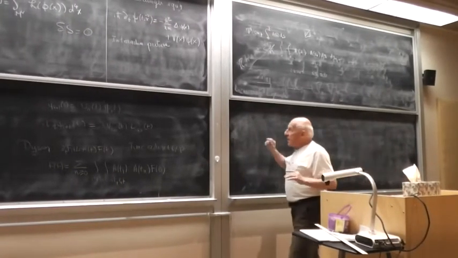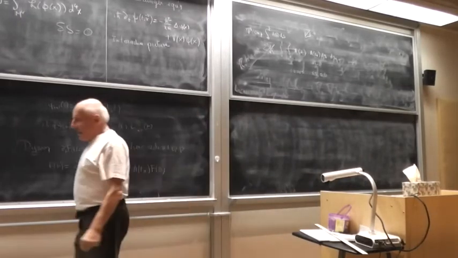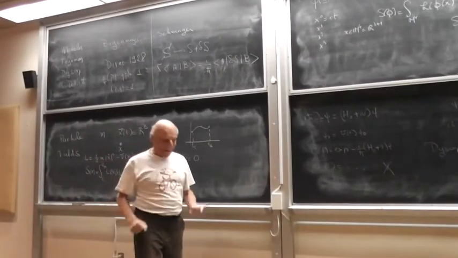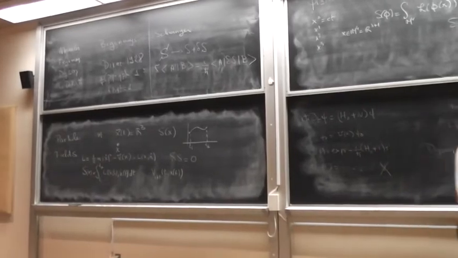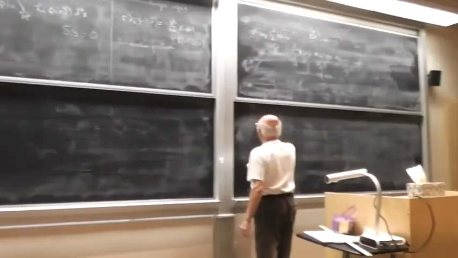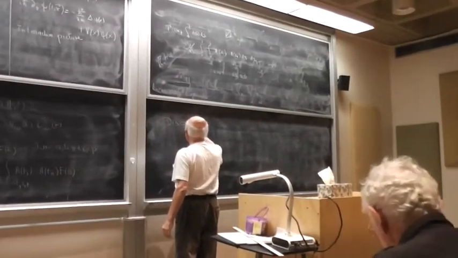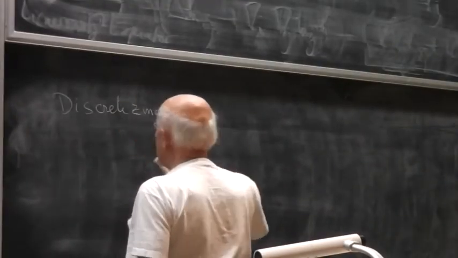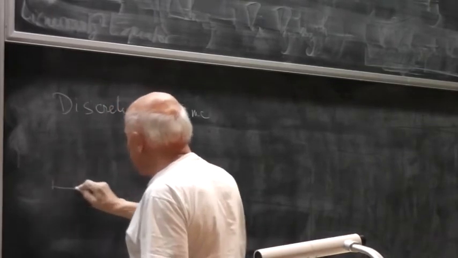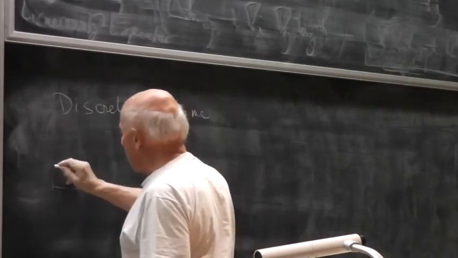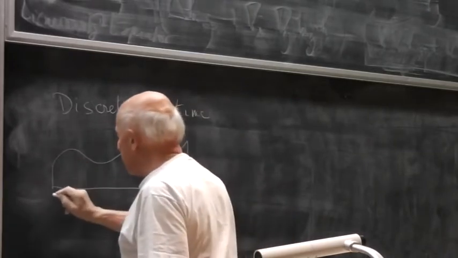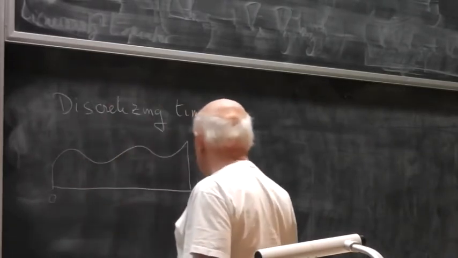Another method, which was used by Feynman in his thesis, and is the one that Cécile and Marcel do not want to use explicitly, is discretizing time. You want to see the evolution, so you have your curve, which evolves from the initial time, let's say 0, to a finite time t.